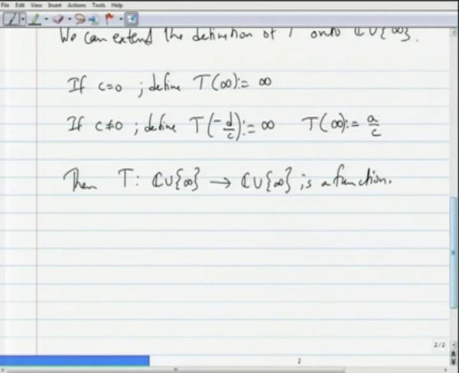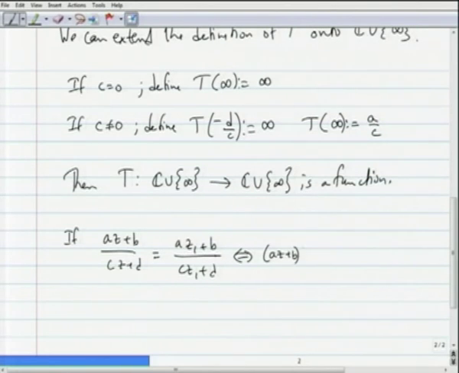Firstly, is it well defined? (az + b)/(cz + d) is equal to (az1 + b)/(cz1 + d) if and only if (az + b)(cz1 + d) is equal to (az1 + b)(cz + d).